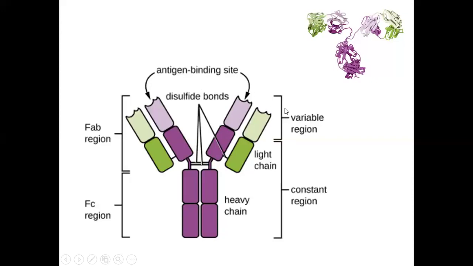And this is a Fab part, the antigen binding fragment, to interact with antigen. And this is the fragment of crystallization, Fc region, to interact with complement and to interact with phagocytic cells in the process of phagocytosis and opsonization.